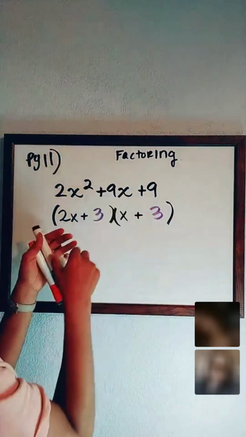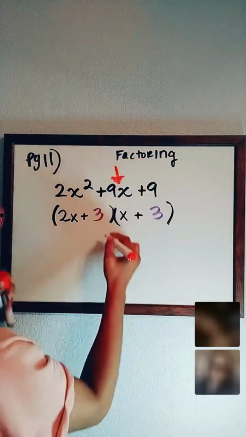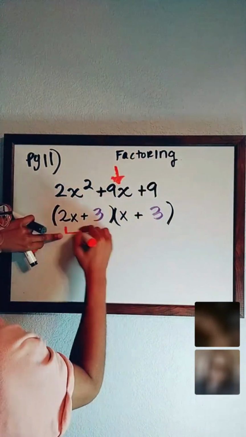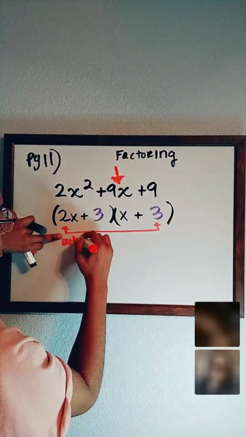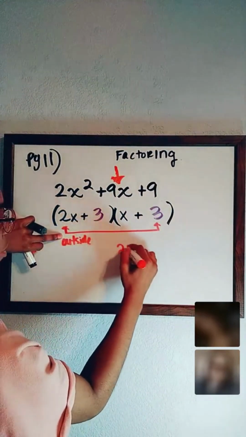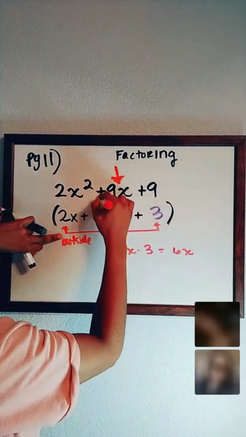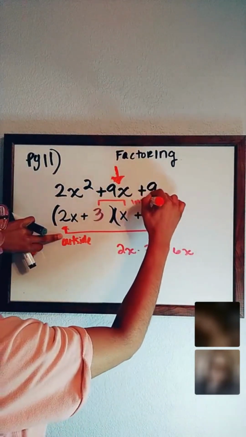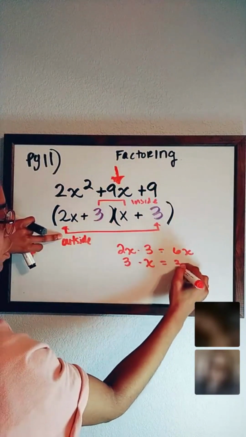I think you're talking about how to add to the middle term. So let me do it like this. To add to the middle term, you always want to check these two right here, which are my outside terms. So 2x times 3 is equal to 6x. And then you also want to check your inside terms. That would be 3 times x, which is 3x.